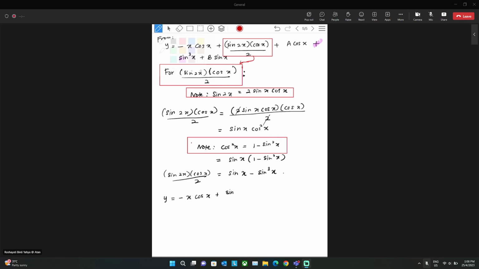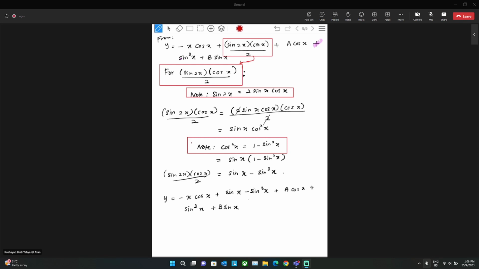Okay, so for sin x, we have settled for this. This becomes sin x minus sin cube x, plus a cos x plus sin cube x plus b sin x.